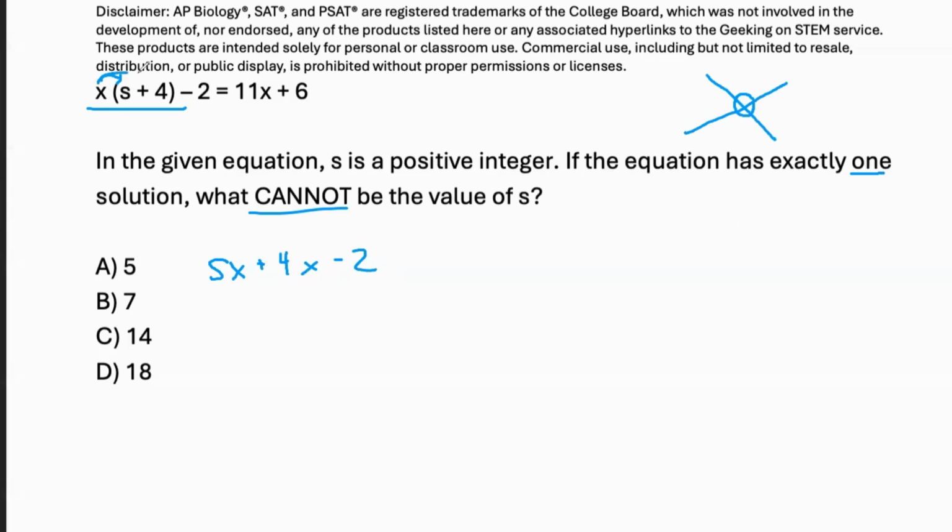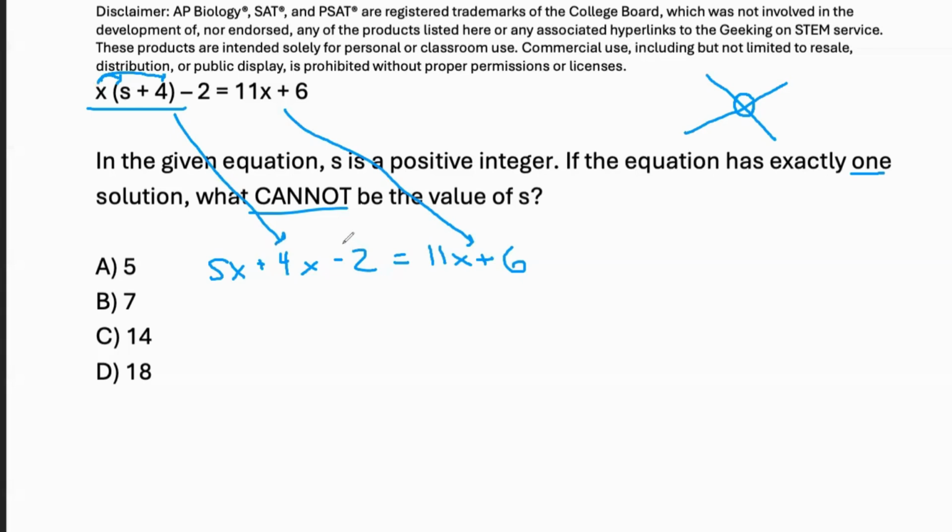So we went ahead and distributed that x, and we have x times s plus 4x minus 2. Now we're going to go ahead and note the right side, which is 11x plus 6. I just brought this down here just so that we can see and compare. You don't have to, but it's just nice to see them side by side for this explanation.